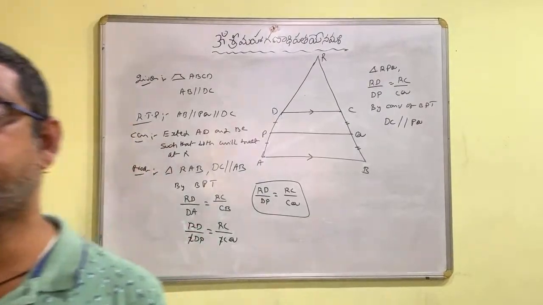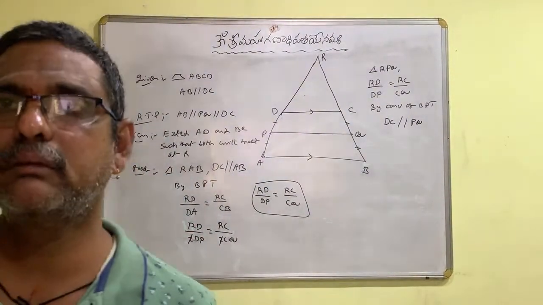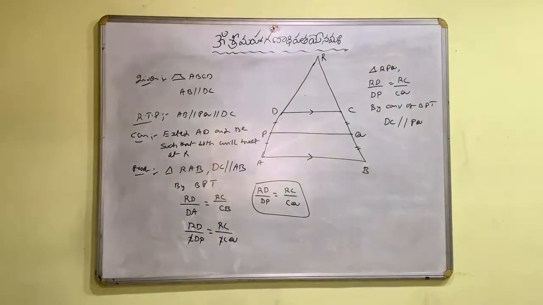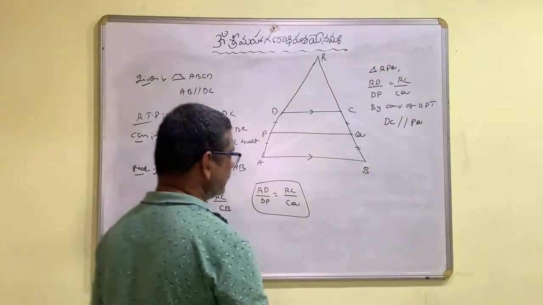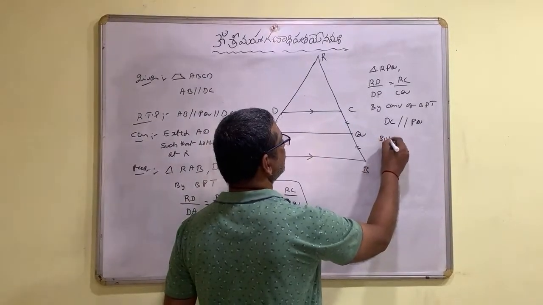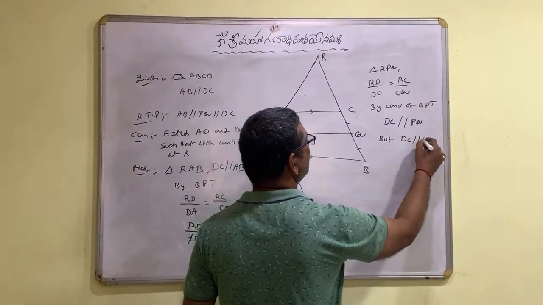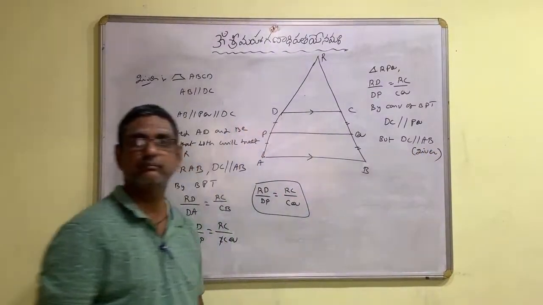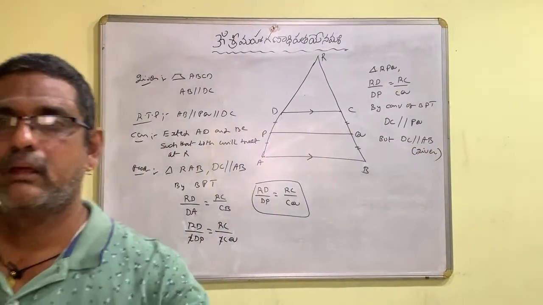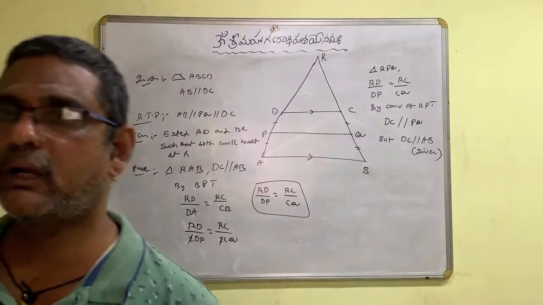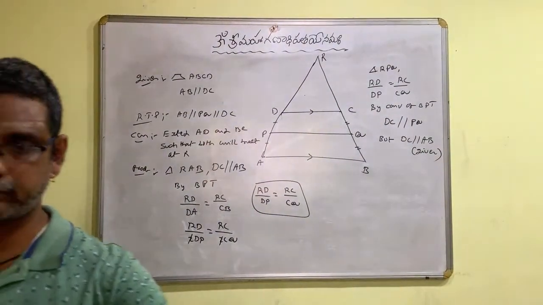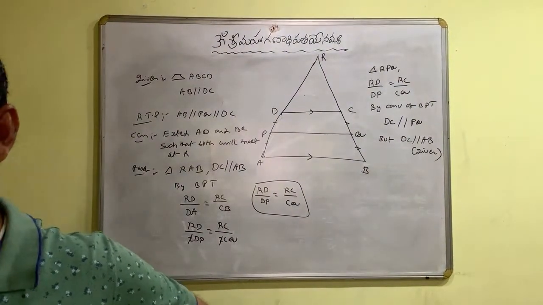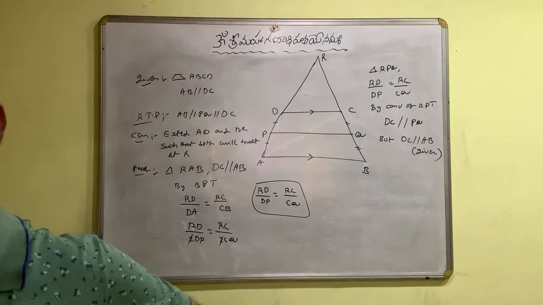Okay, but DC is parallel to AB, that is given. Now, what is your conclusion from these two statements?